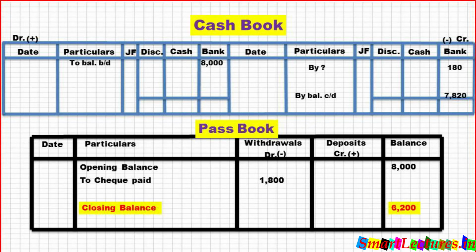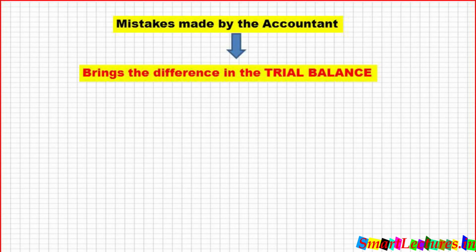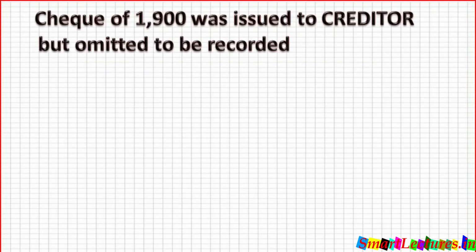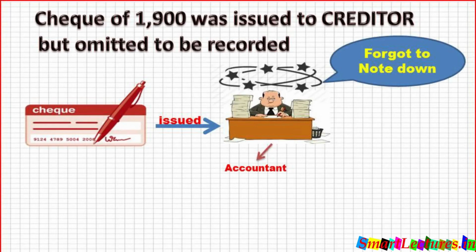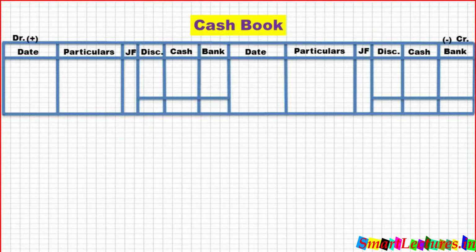So you can see there is a difference of this amount due to a mistake made by the accountant of the firm. Let's look at another reason, also an error by the accountant, which also brings a difference in the trial balance. Suppose a check of 1900 was issued to a creditor but omitted to be recorded. It means the check was issued but the accountant forgot to note it down. The cash book shows opening balance 8000, closing balance 8000.